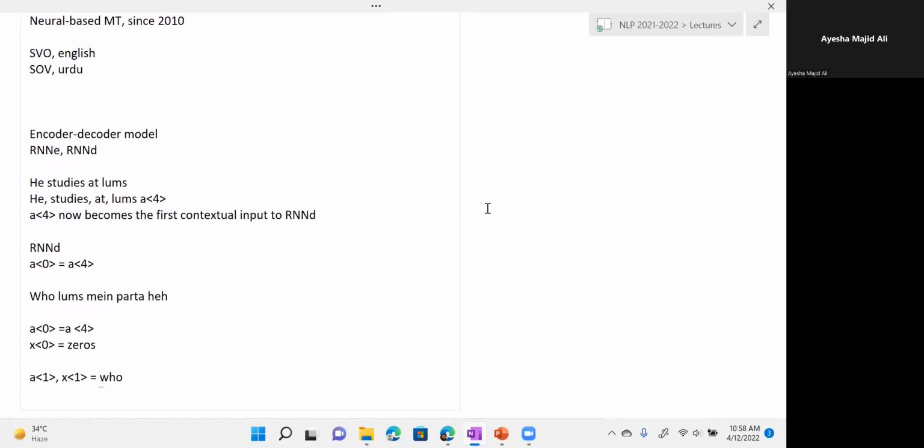And then we generate the second word, lums. The second word should be lums. If it is not, then there is a loss, and so on. Okay. So usually we will give several sentences and aggregate the losses and then do an update, which is of course batch updating. Okay. We don't really update after each loss.